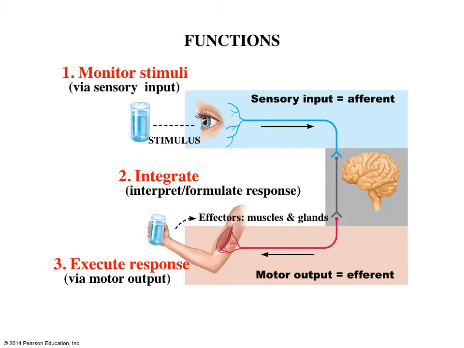The motor output, or efferent division, would be the response to that sensory input. Motor or efferent output would then go from the central nervous system to the effectors to execute a response. Effectors are muscles and glands, smooth, cardiac, skeletal muscles, and various glands.